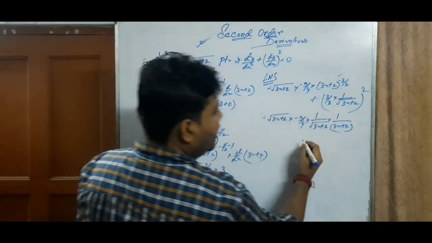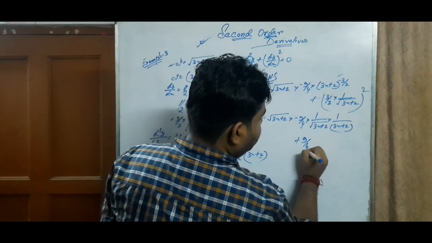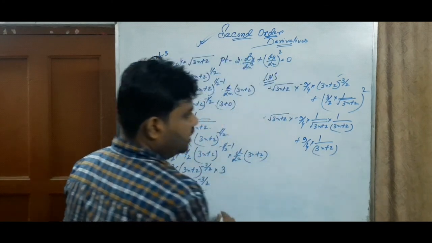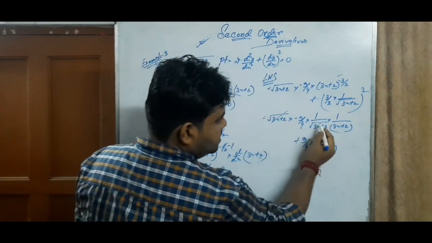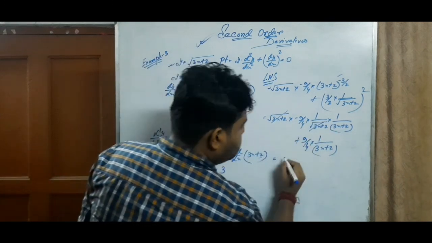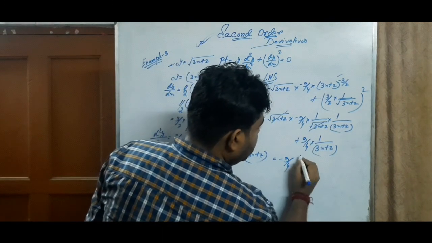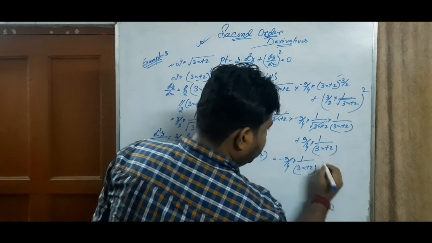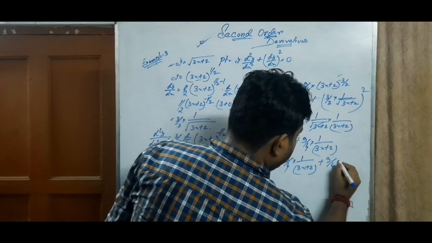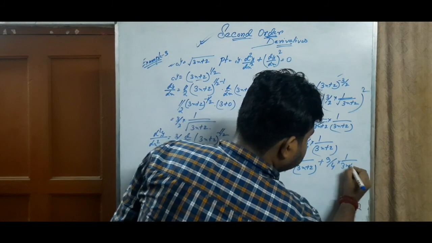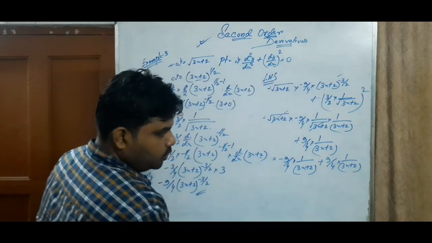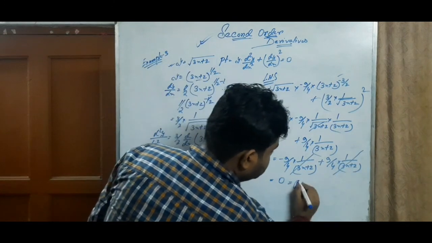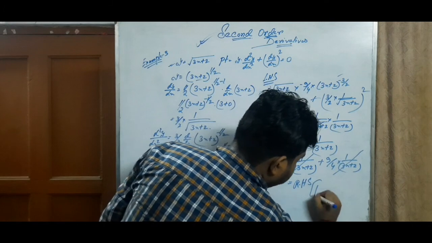Now the square of this, that is 9 by 4 into 1 by 3x plus 2. Now we can cancel out this, so it is minus of 9 by 4 into 1 by 3x plus 2 plus 9 by 4 into 1 by 3x plus 2. Now we can cancel these two out, that is 0, equals RHS, that is proved.